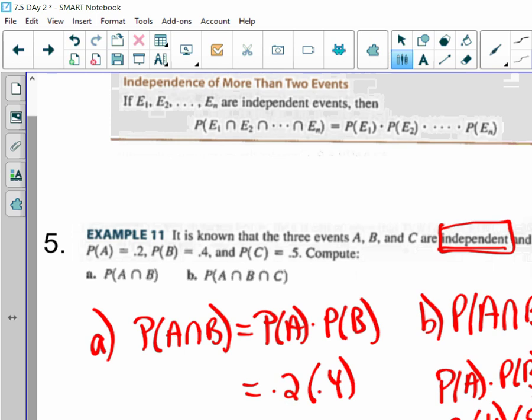Right? Do you agree with that? I'm going to do my math here again. 0.2 times 0.4 times 0.5 is 0.04. 0.2 times 0.4 is 0.08. Okay. So again, that's going to be helpful as we get to these story problems.